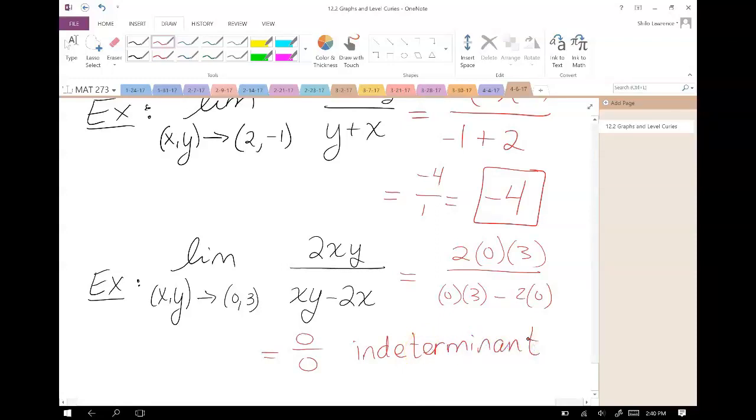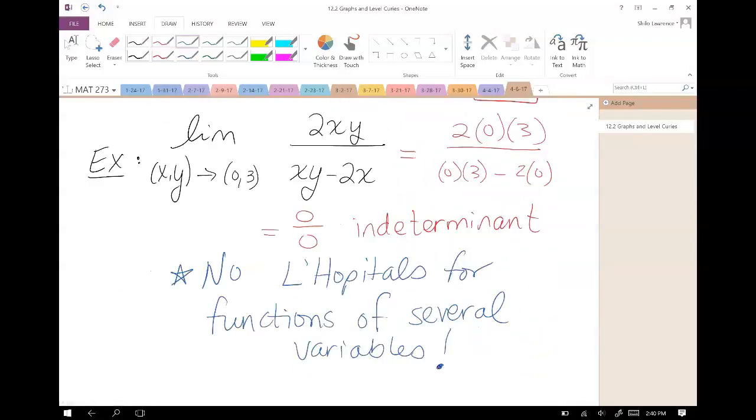But this one, there is a common factor, correct? There is some algebra that we can do to fix it. One of the cases that leads to 0 over 0 is a common factor. And we do have a common factor of x here.